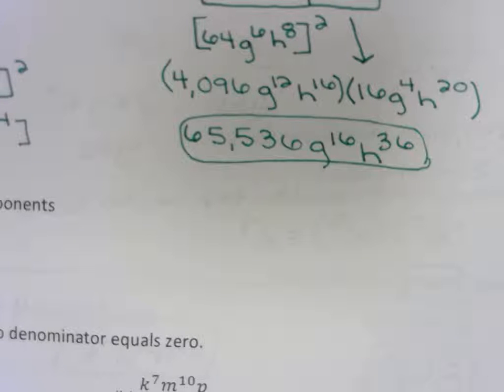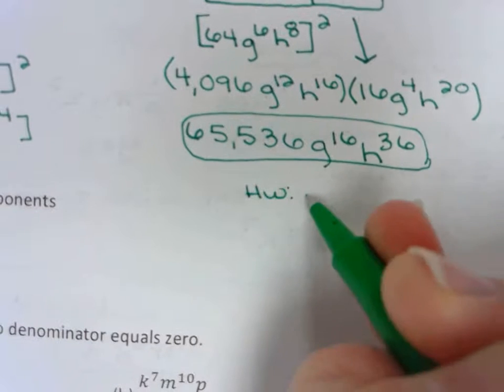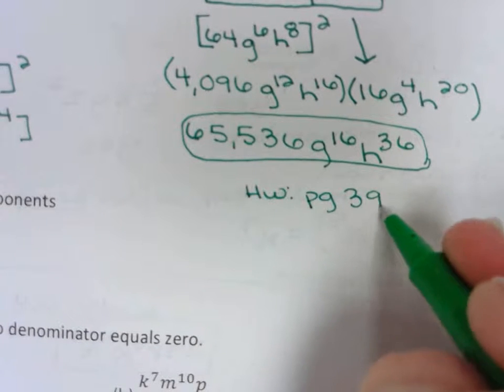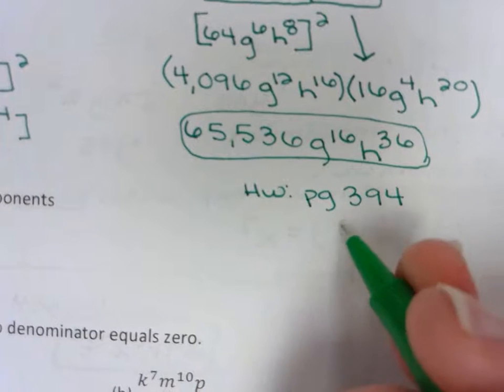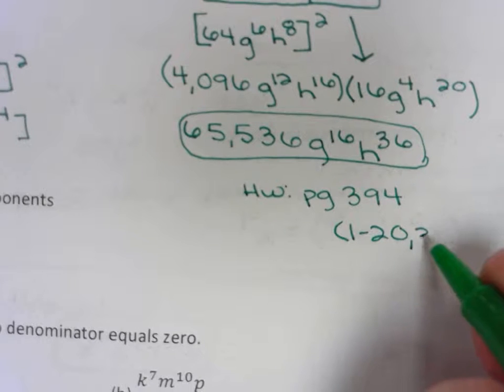Okay, homework. Section 7-1. It is going to look like homework will be page 394, 1 through 20, 39 and 40.